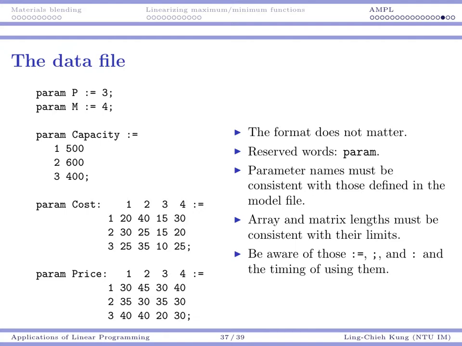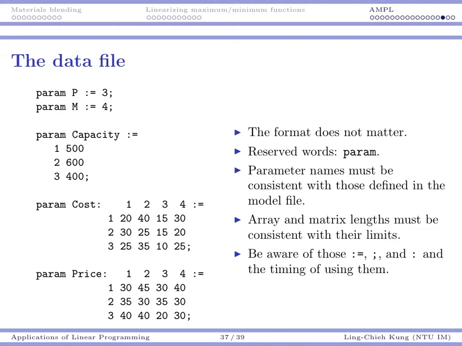For a vector, then we define the values like this. We use colon equal, and then index 1, 500, 2, 600, and 3, 400. So that means we give values to capacity while telling capacity what are the indexes of those values.